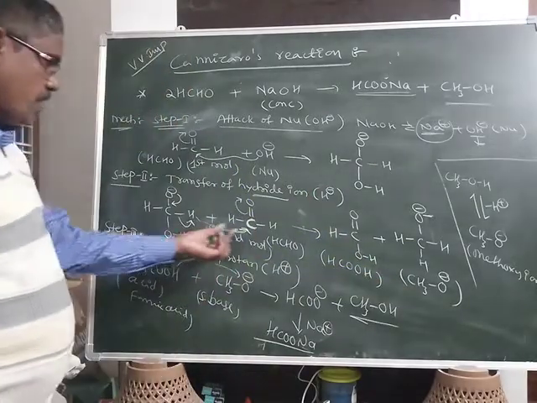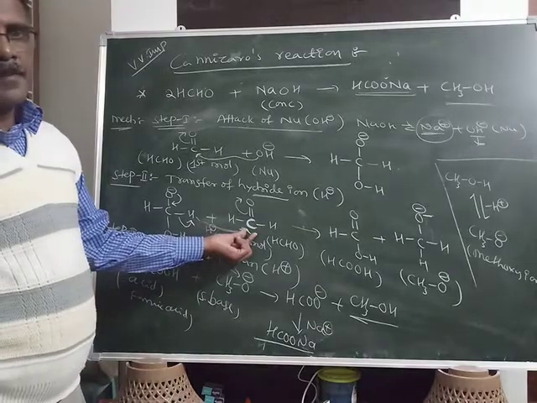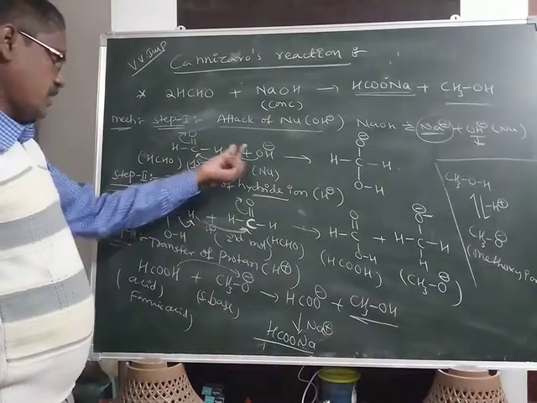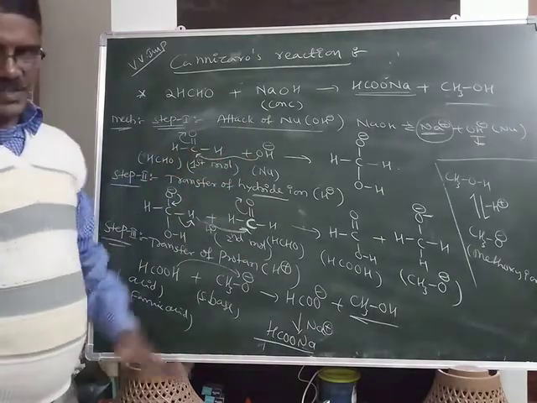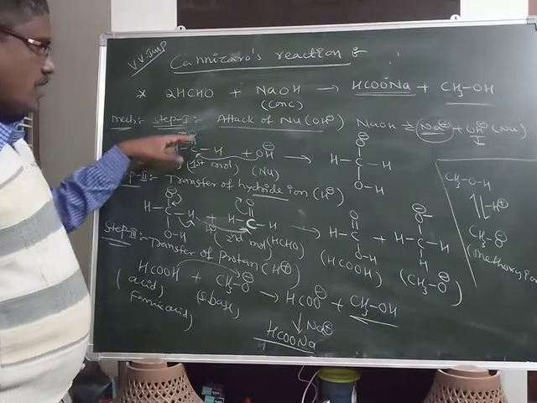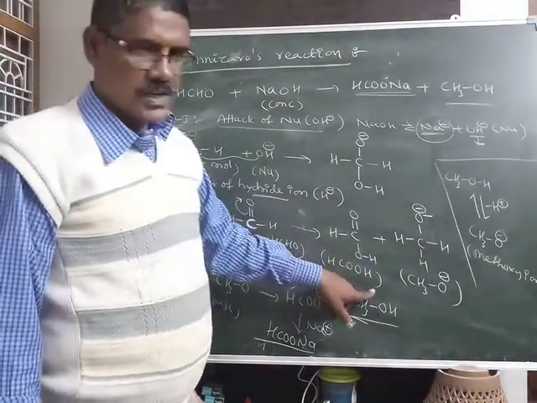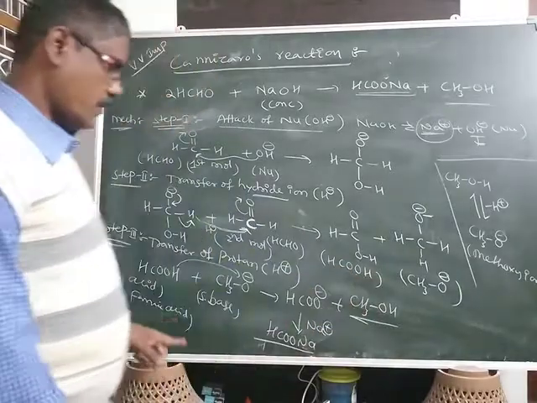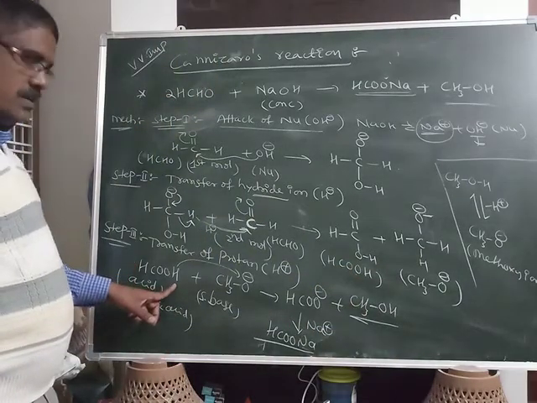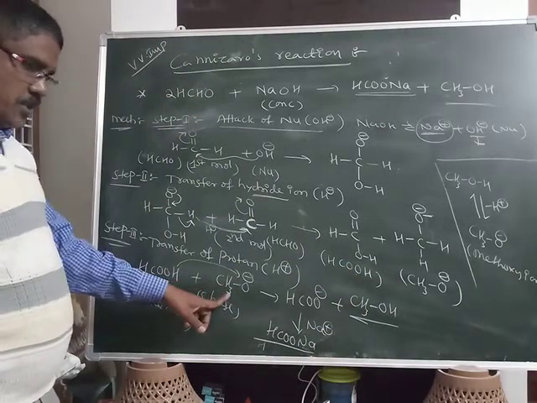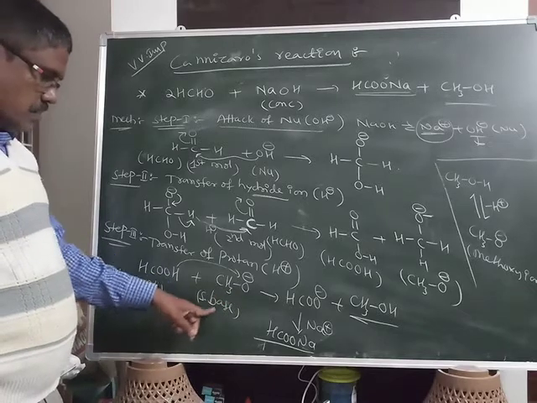Okay, taking off hydrogen is the reduction and taking off oxygen is the oxidation. That's why the oxidation gives formic acid and the reduction gives the alcohol. Finally, the acid is the formic acid and the methoxy is the base, a strong base.